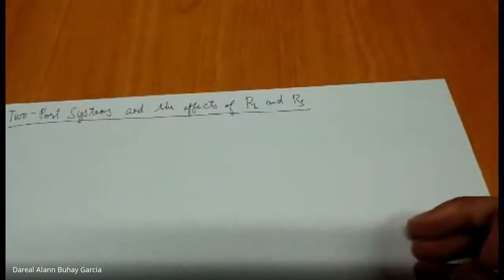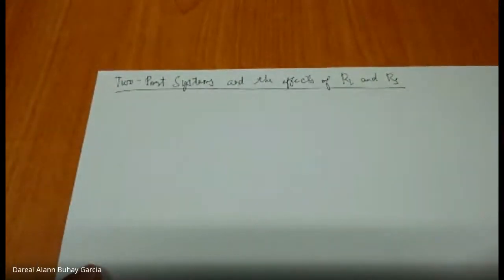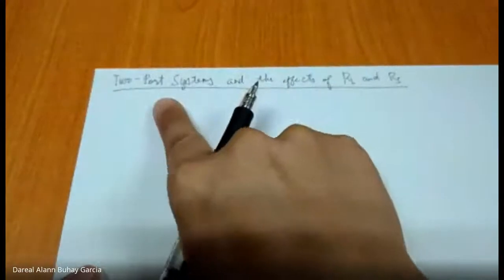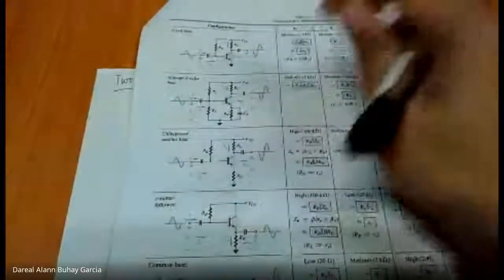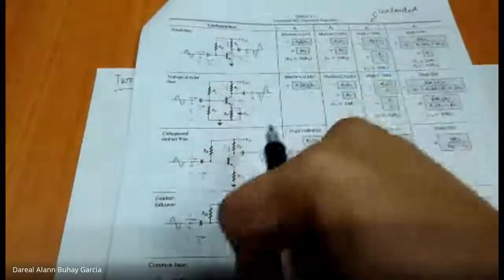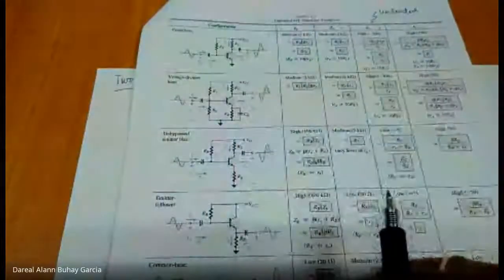You could still use these same formulas for the unloaded voltage gains using another technique to simplify things, called the two-port systems approach. Using the two-port system, we simplify the analysis by making the type of configuration arbitrary.